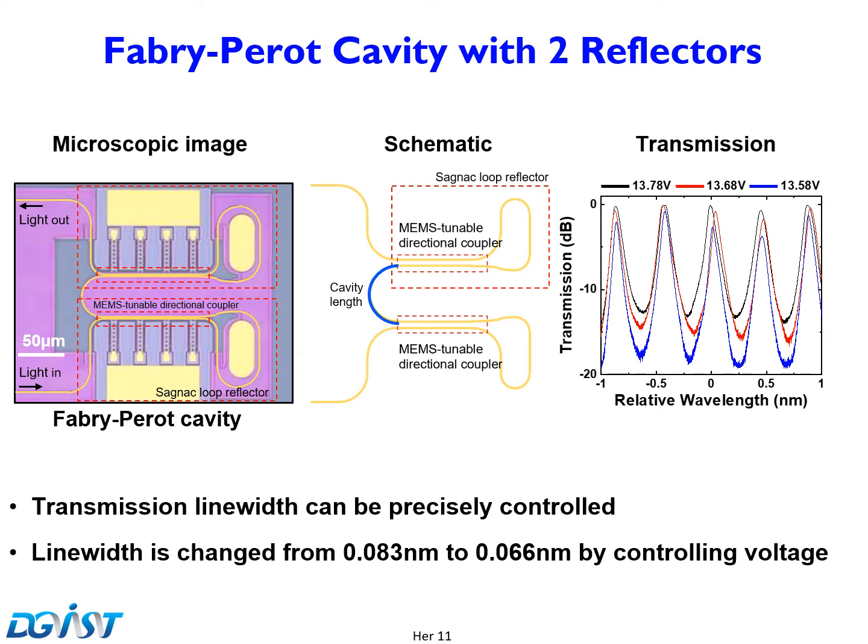As shown in the graph, the line width of the transmission is controlled accurately according to the voltage, which controls the reflectivity of the Sagnac loop reflector. When the voltage changes from 13.58 volts to 13.78 volts, the line width of the transmission changes from 0.083 nanometer to 0.066 nanometer.